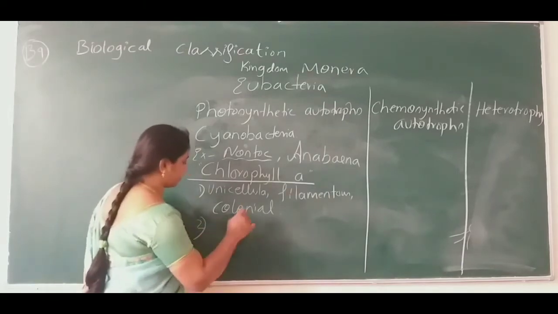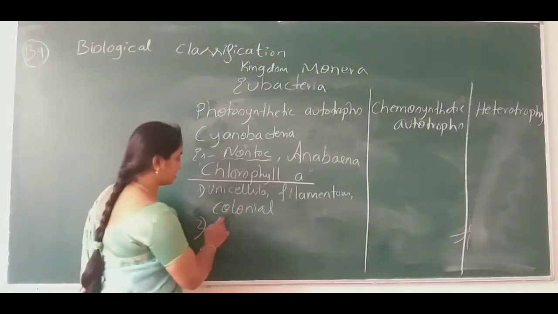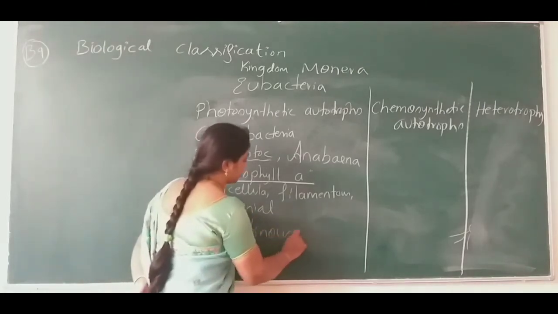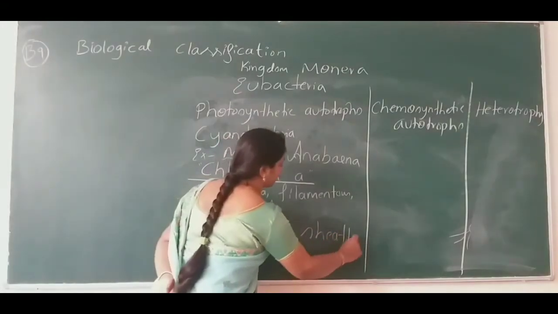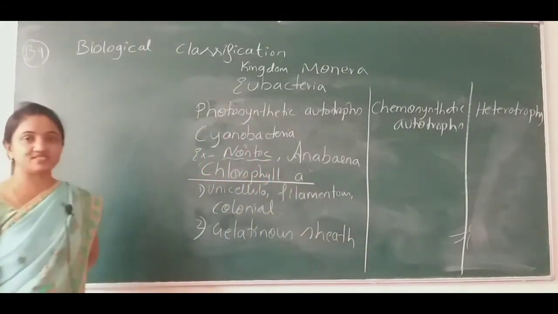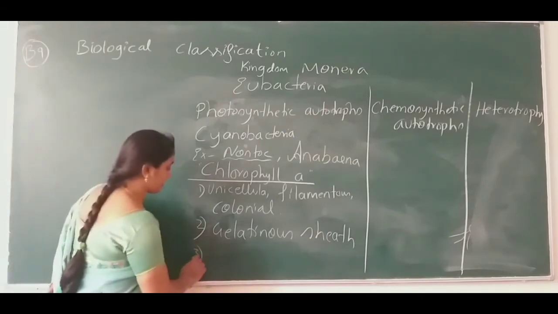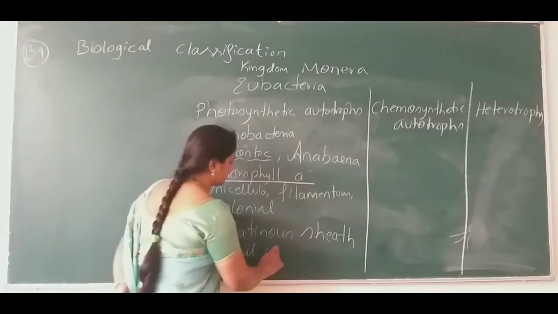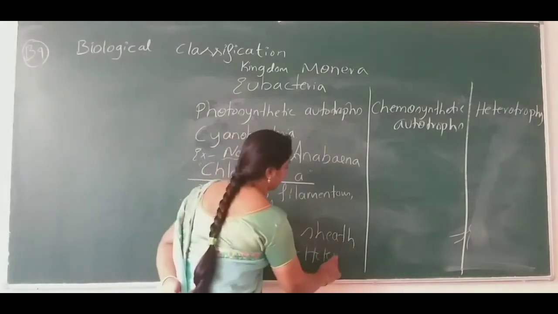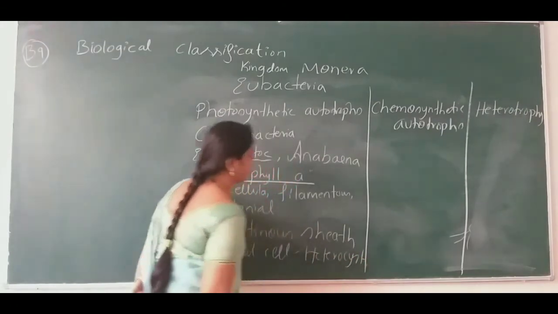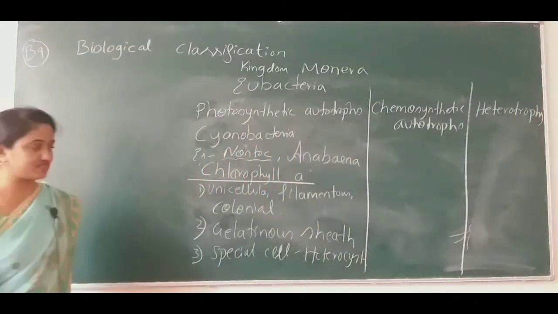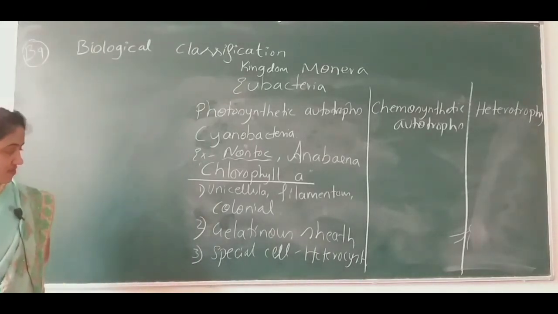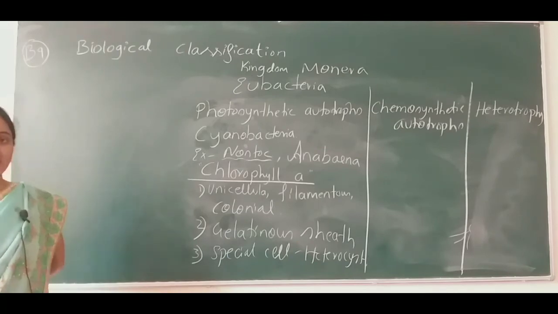The Nostoc filament is covered by a gelatinous sheath, and it has a special cell known as heterocyst. With the help of the heterocyst, they synthesize their food. Okay, so a special cell known as heterocyst.